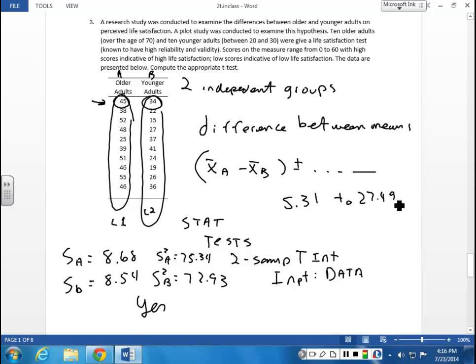I call this A and this B, which is the same thing as saying they're lower for young. And it's just looking at if there are differences, so it's going to be a two-tailed test anyway.